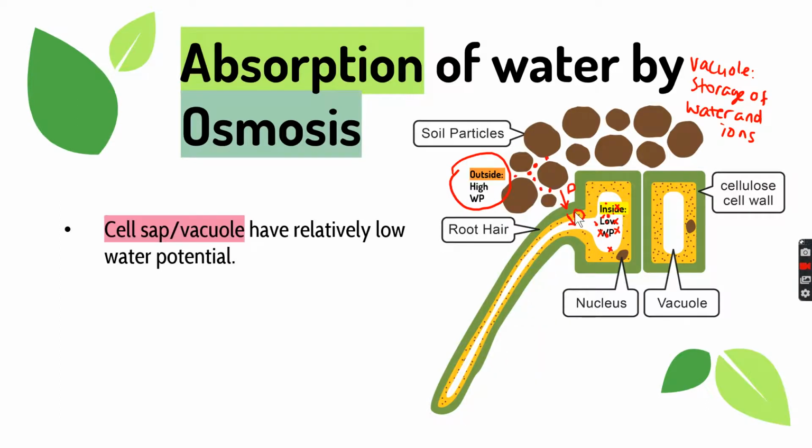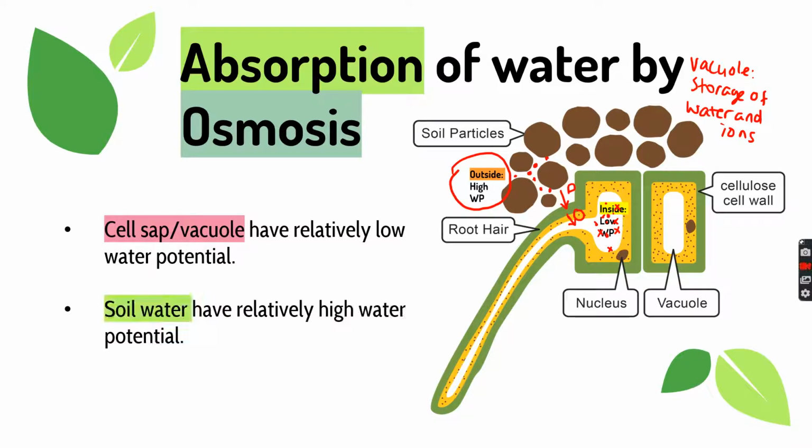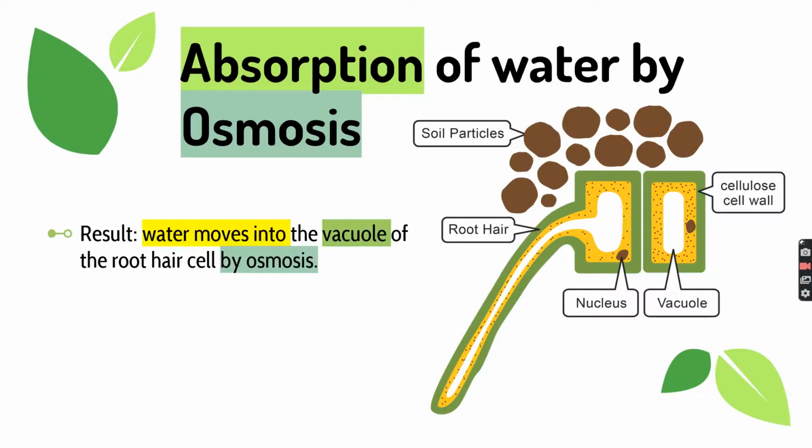This is how we explain it in words if we are asked in exams: the cell sap or vacuole has relatively low water potential, and the soil water has a relatively higher water potential. Therefore, water will move into the vacuole by osmosis.